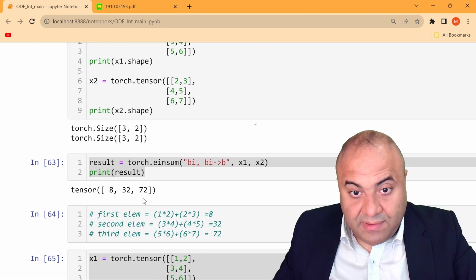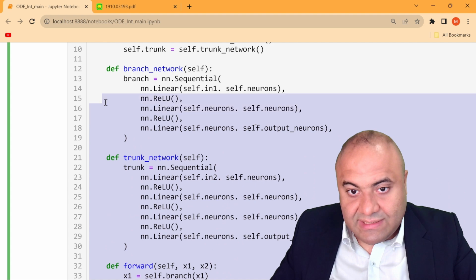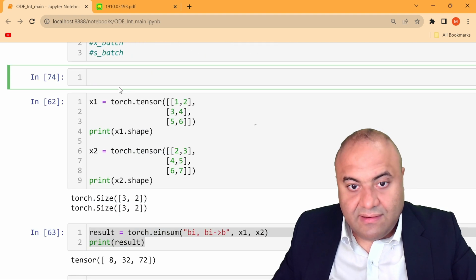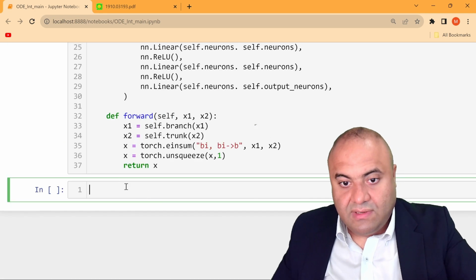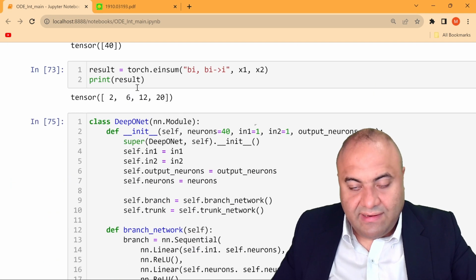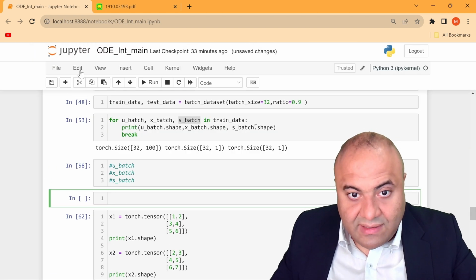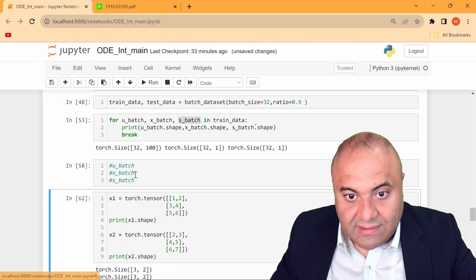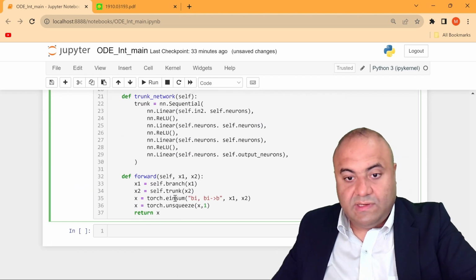But just to make sure, I will take this and put it after everything here, because this will overwrite anything if we made any problem. And this one, we just remove it, delete cell. Yeah, so just shift enter.